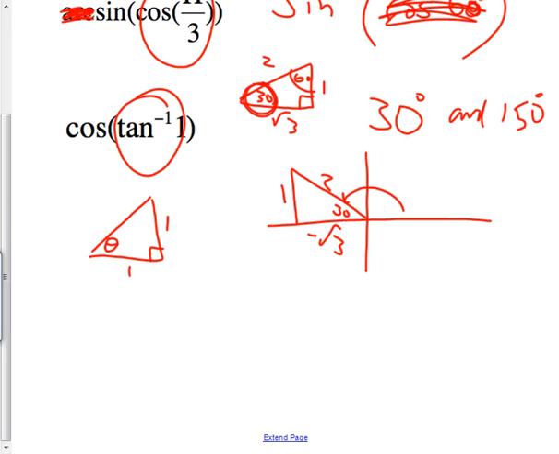How many degrees must that be? 45. If that's 45, what's cosine of 45 then? Well, I go back to this triangle and say, what's cosine of 45 degrees? Adjacent over hypotenuse, I need the hypotenuse now, and that's 1 over square root of 2.